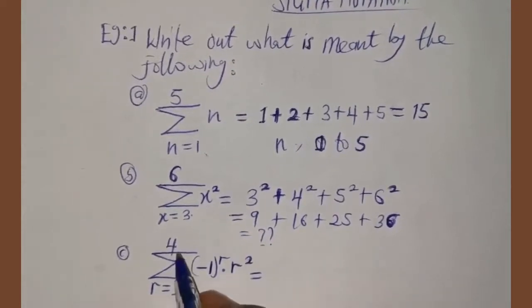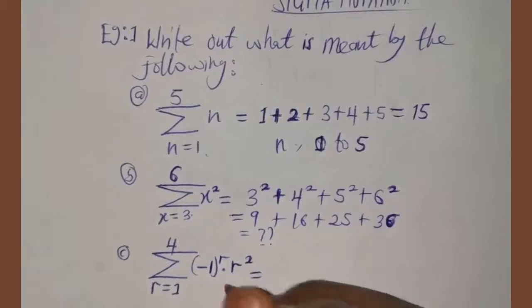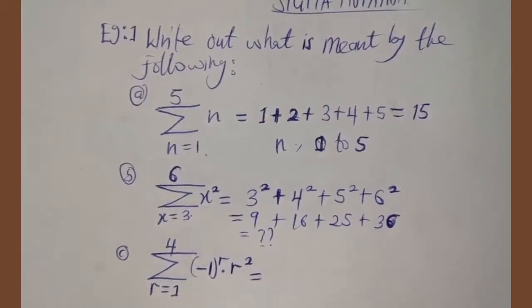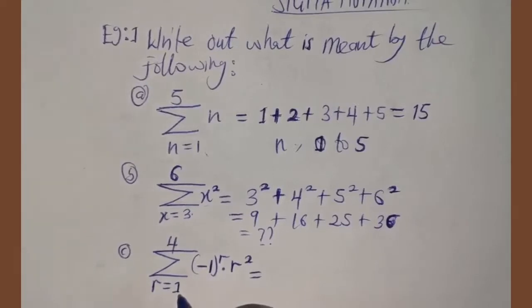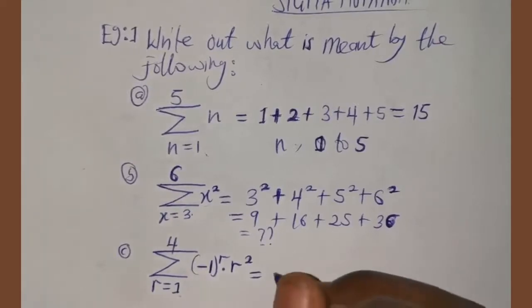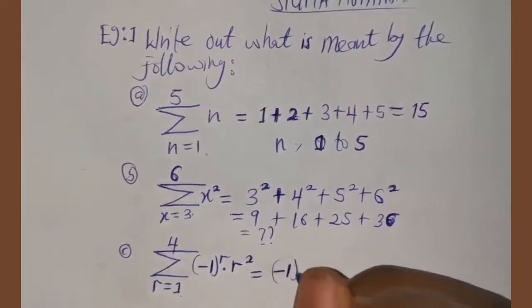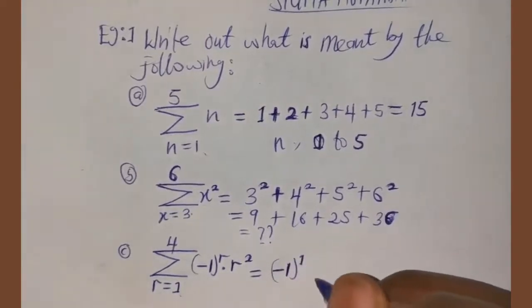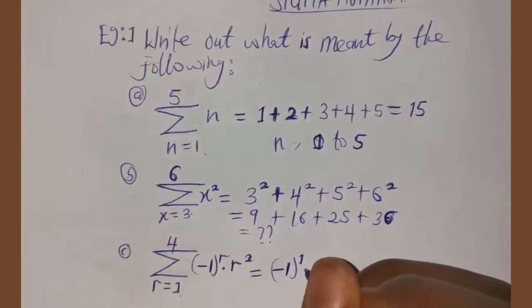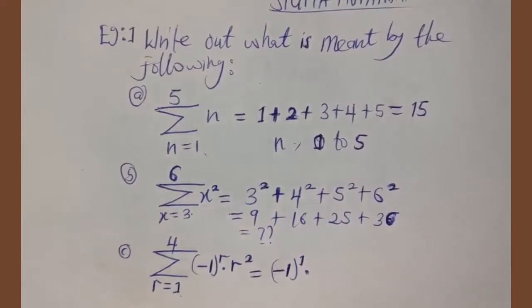Then it comes to the last part. We're having 4 as the upper limit. Here it's the same approach, a product of 2 terms. I'm going to start with 1. Where you see r, you start with 1. So I'm going to have this one here, all to the power of 1. Dot is multiplication.